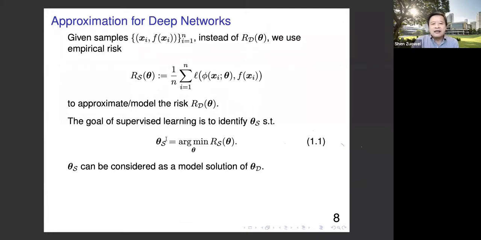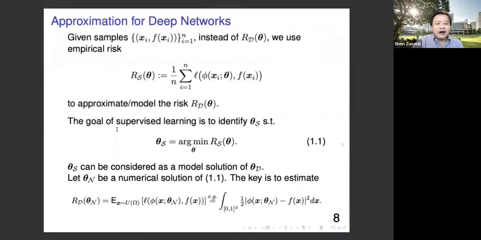So ideally, you get a solution theta_S, a minimizer of this cost function R_S. Practically, of course, you never get it, because it's a highly non-convex problem. So you get theta_N, your numerical solution for 1.1, and you get phi x theta_N.